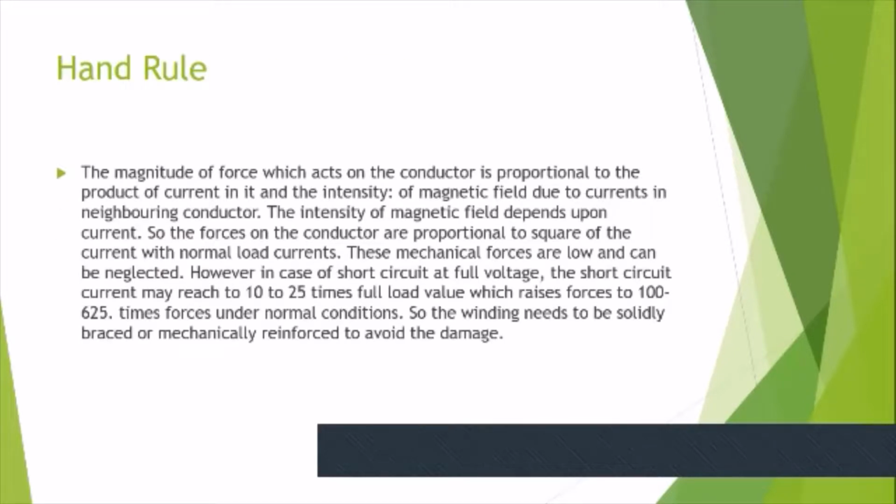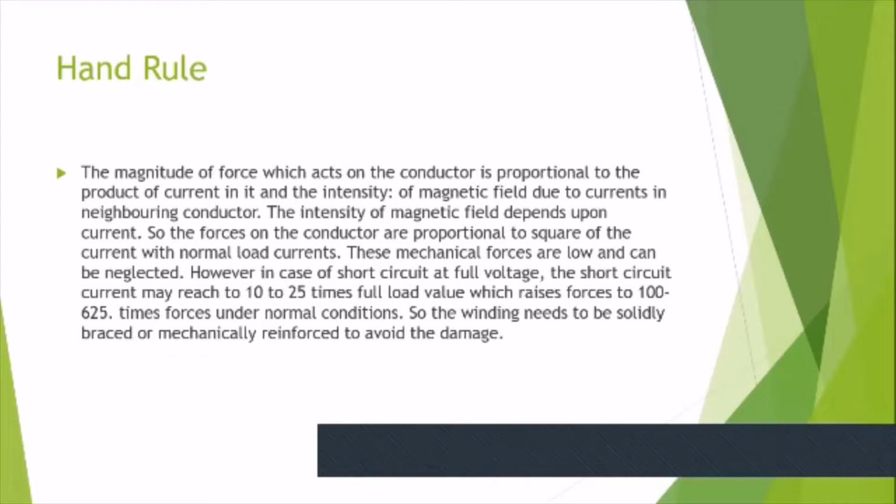The magnitude of force which acts on the conductor is proportional to the product of current and the intensity of magnetic field due to currents in neighboring conductors. The intensity of magnetic field depends upon current. So the forces on the conductor are proportional to the square of the current.